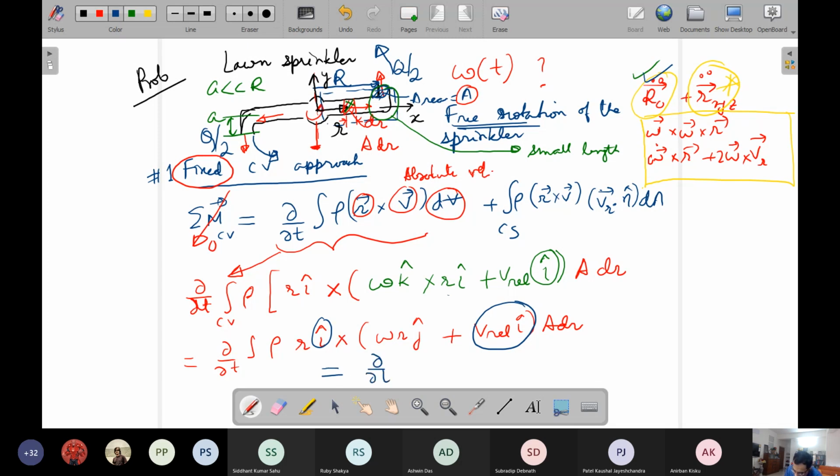So you are left with this one, rho omega, then this r into this r square into A dr, and i cross j is k. So this is integrated from 0 to capital R.